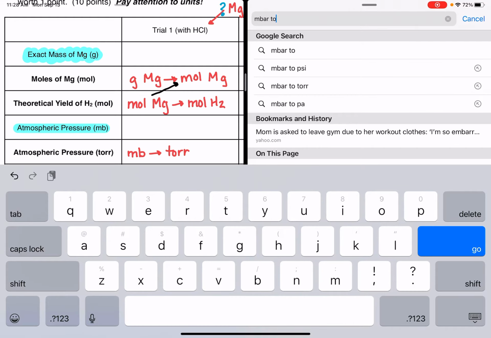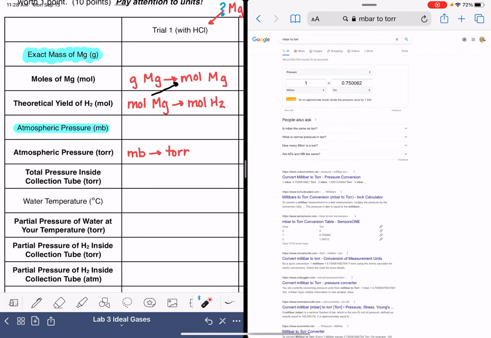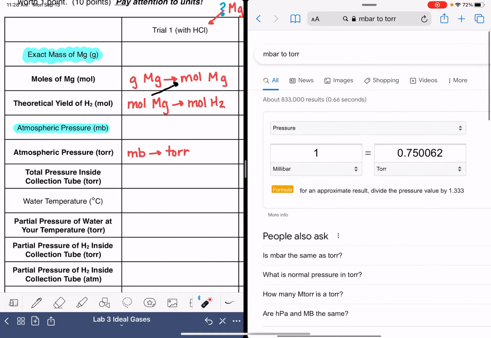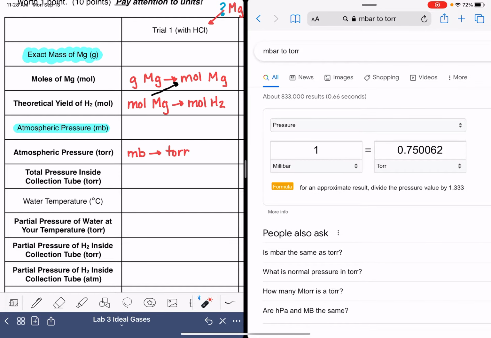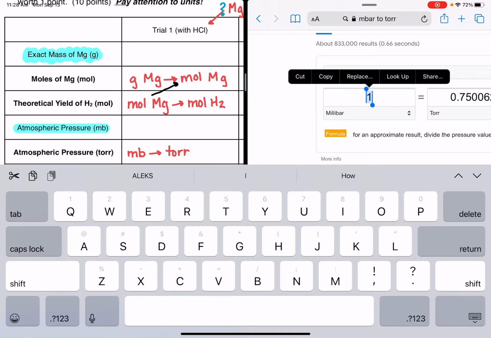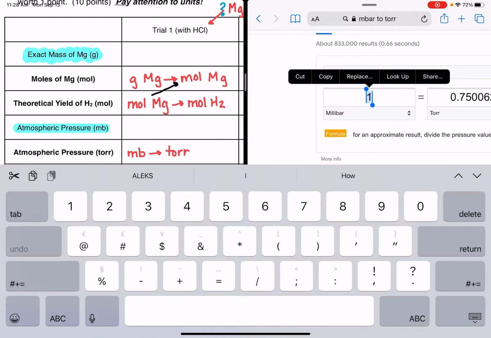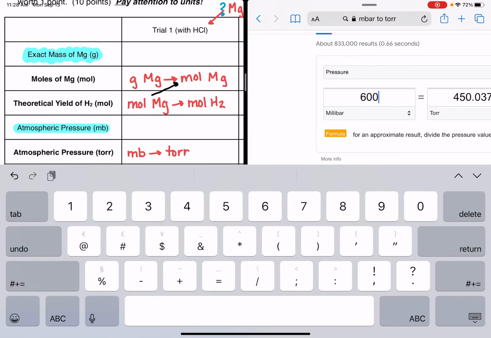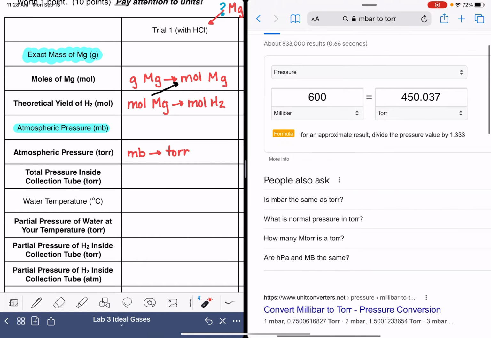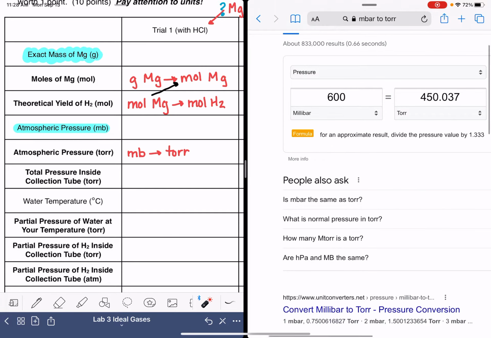Millibar to torr, and thanks to Google, we can just have this automatic little converter pop up. So we will be able to enter in whatever the pressure was in millibar. Let's say it was 600. It definitely wasn't 600. Google's going to convert that to torr for us. So rather than needing to come up with that conversion factor, we're just going to use the internet.